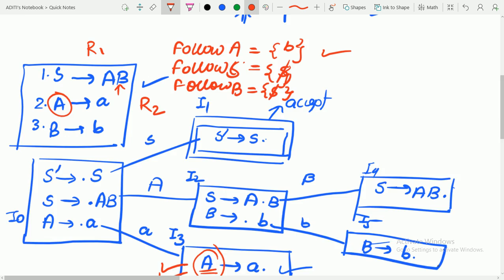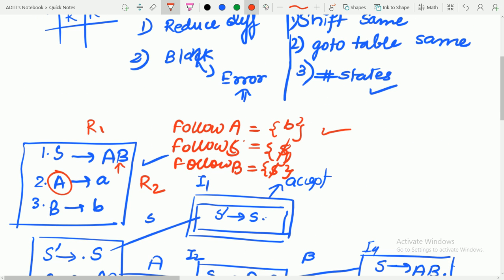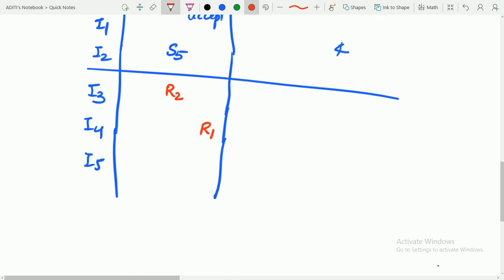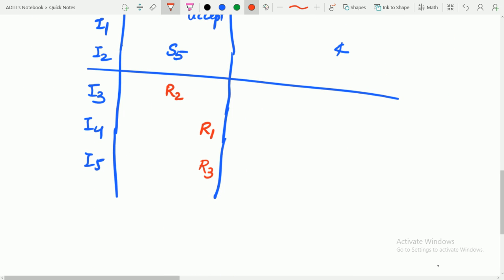Then B produces b dot, which is the third production, so R3 will be placed on the follow of the LHS non-terminal, capital B. So on dollar you have to write R3.